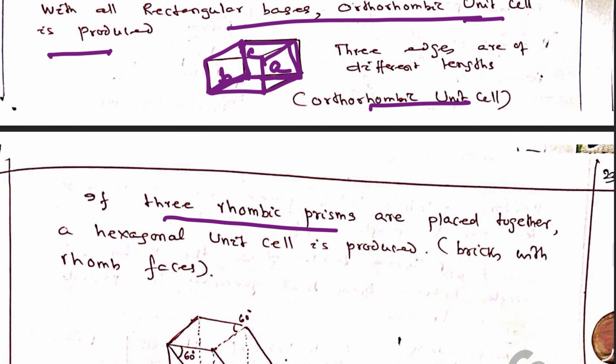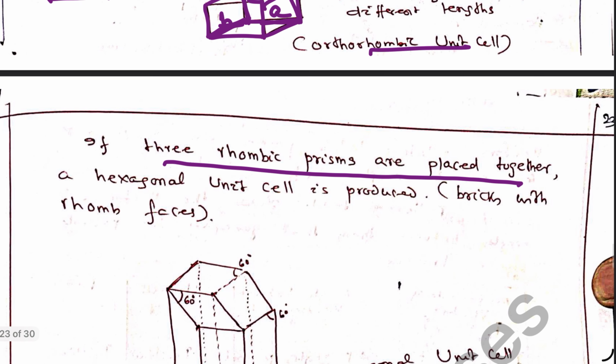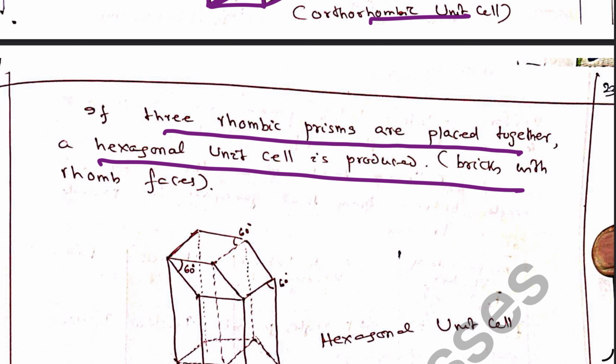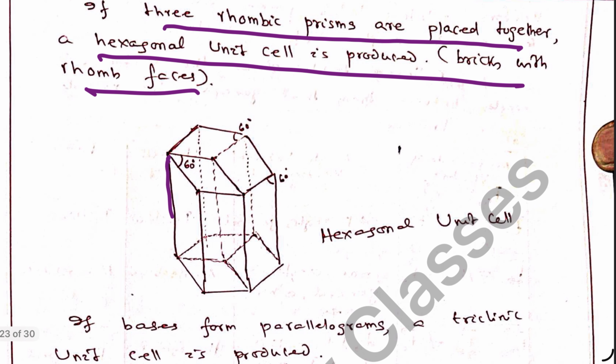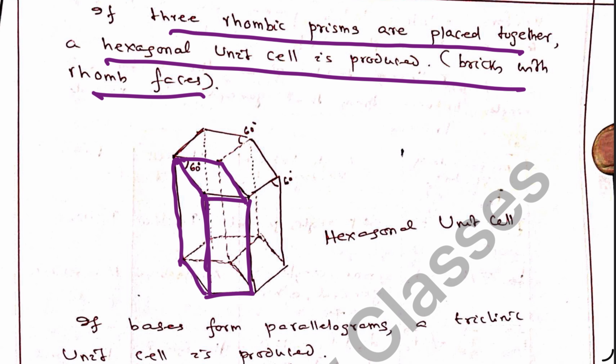If 3 rhombic prisms are placed together, a hexagonal unit cell is produced. So this is one rhombic cell. Then another rhombic cell is like this. Then the third type of rhombic cell is like this.